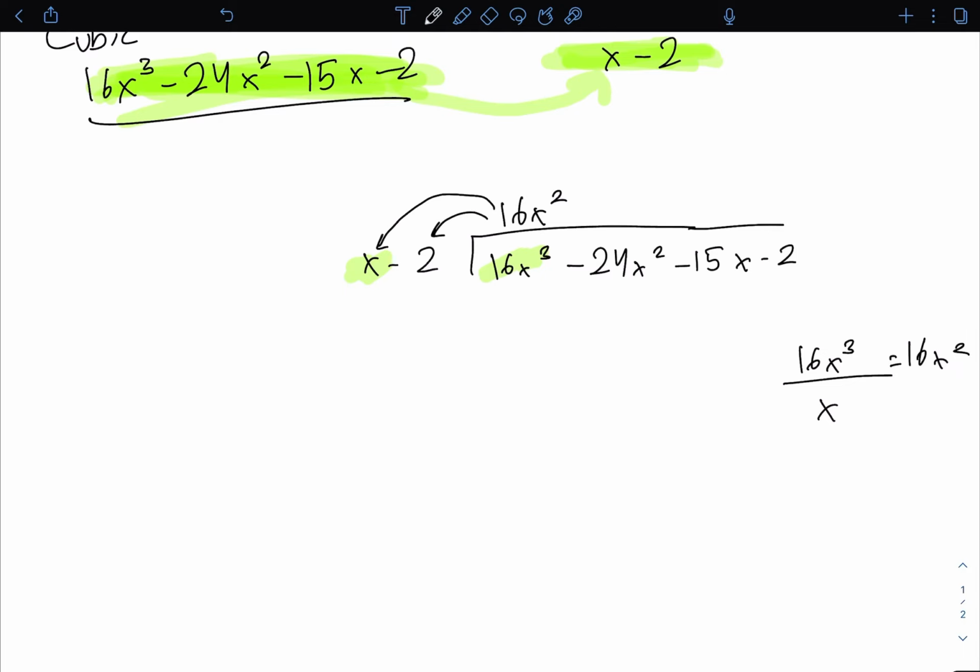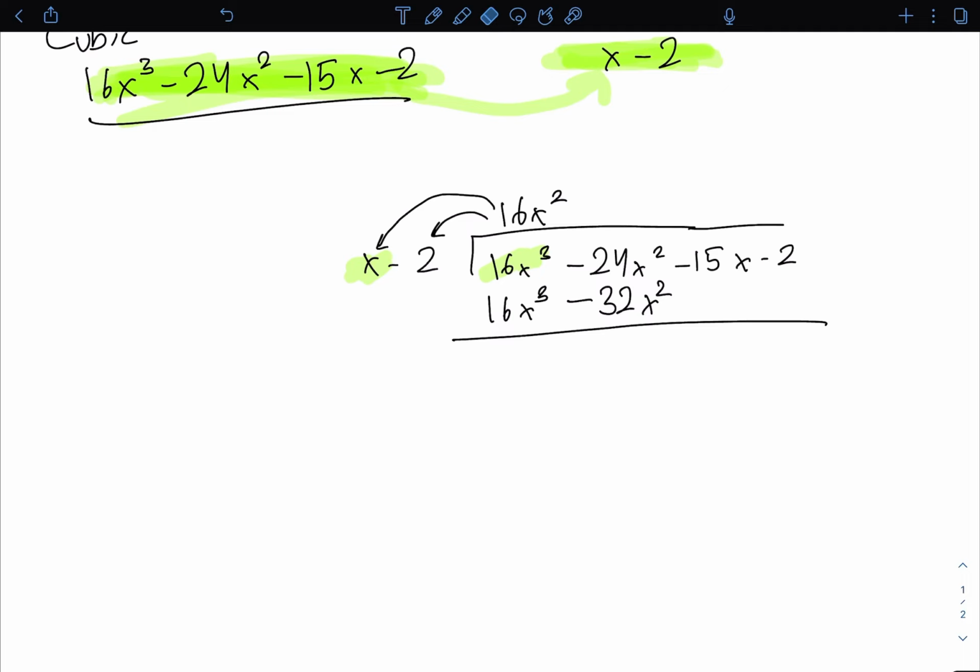So 16 into x is 16x cubed, and 16 into 2 is minus 32x squared. Just for simplicity, I'm going to erase that really quickly because you don't need that. Just going to get my calculator out to double check my answers. Right, so 16 times 2, yeah, that was 32.